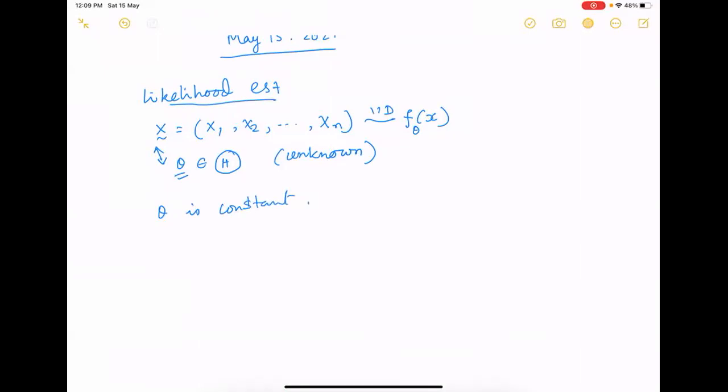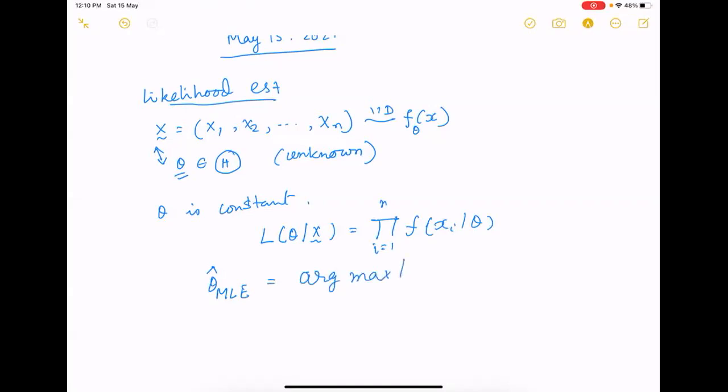So people just write down the likelihood function L of theta given x tilde, which is the product of f of xi given theta, and then theta hat MLE is the argmax of L of theta given x tilde.